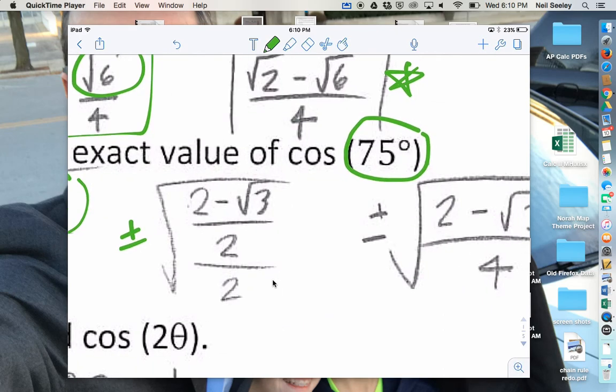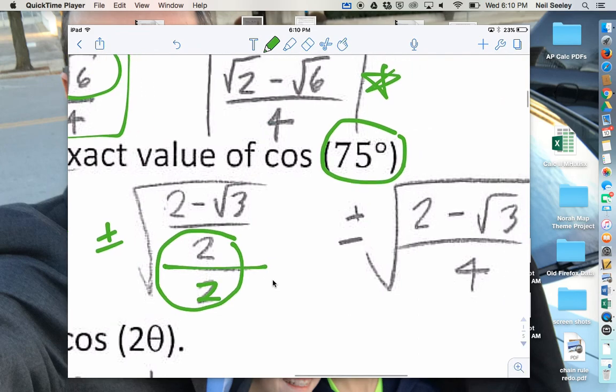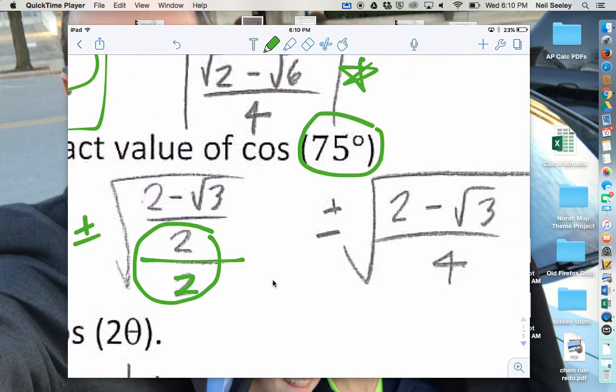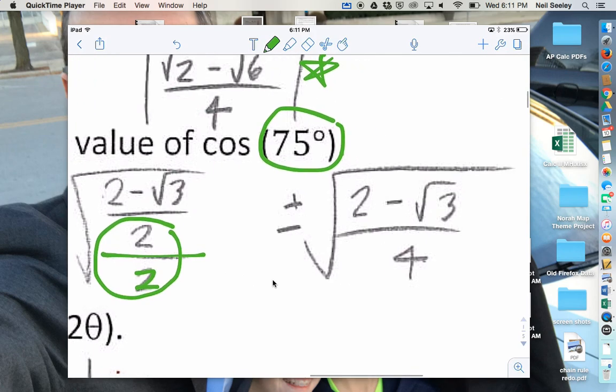And then it's still over another 2. Now remember, if you take a fraction and divide it by another number, it compounds your denominator. So 2 minus the square root of 3 over 2, and over 2 again, means you're compounding what you're dividing by, so it's actually 2 minus the square root of 3 over 4. You can just multiply those denominators, and that's really important.